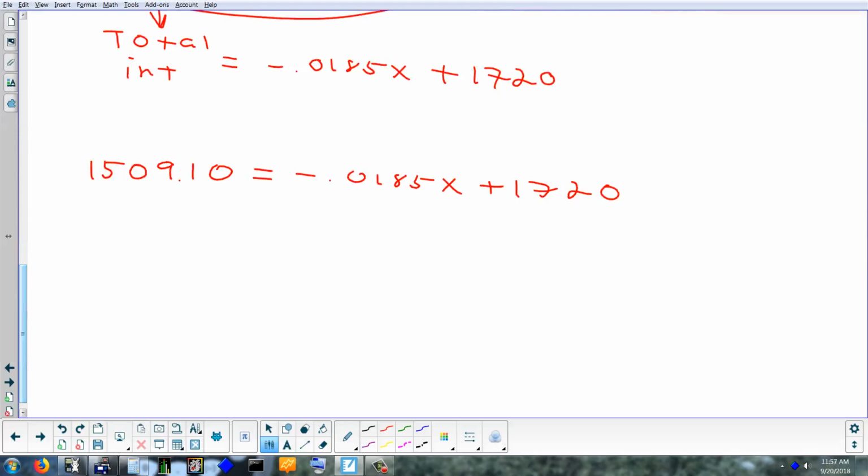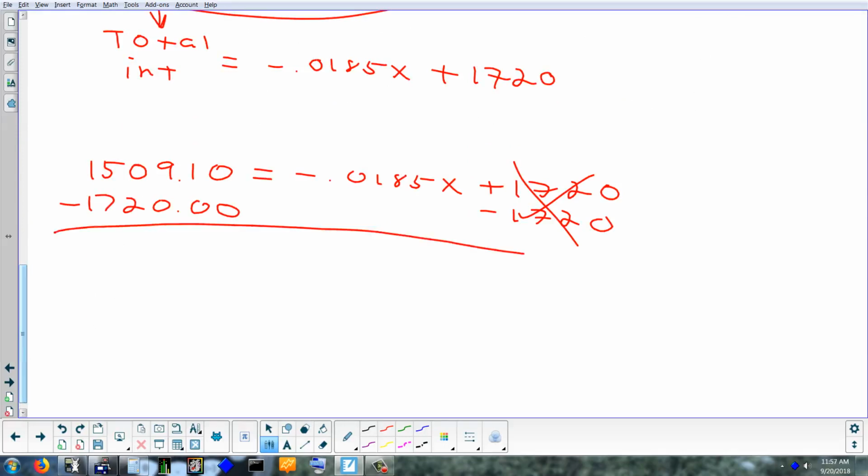Okay. How would I get x by itself? What's my first step? Yeah. Subtract 1,720. And if we do $1,509.10 minus 1,720, can someone tell me what that comes out to?